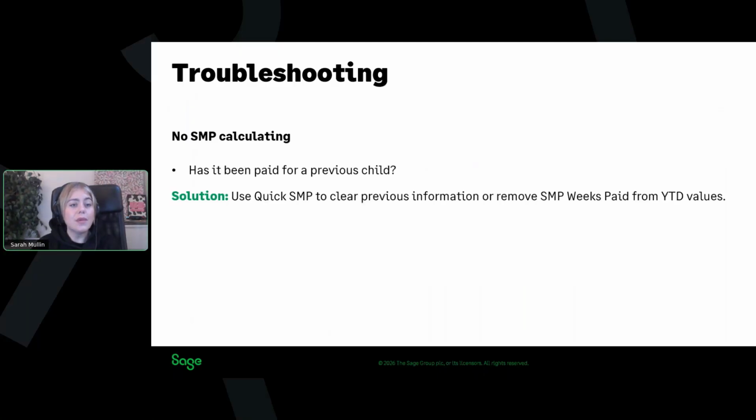So again, no SMP calculating. Has it been paid for a previous child? Solution for this one, you can either say yes on the prompt and that will clear the information, or if you do want to review things a little bit further and double check the dates, say no to the message and then manually remove weeks paid from the year-to-date values. So a couple different ways you can resolve that one.